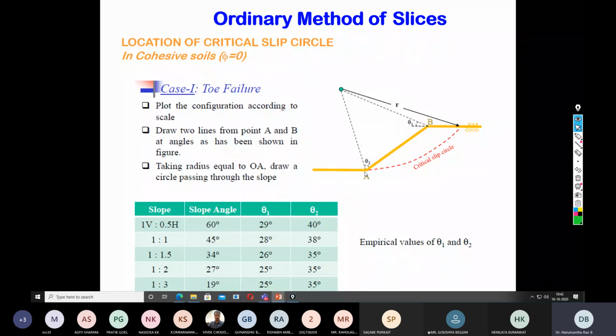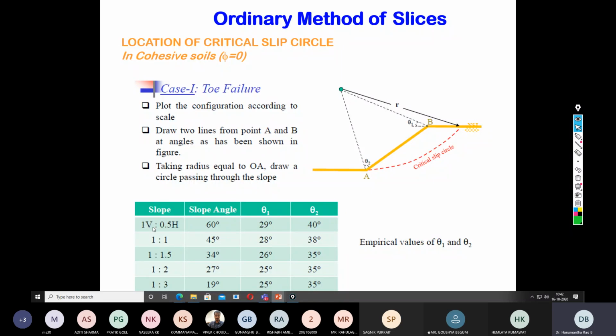However, the slope AB does not remain the same. We can go for 1:1, 1:1.5, 1:2, 1:2.5, 1:3, and so on. So how do I know the value of theta 1 and theta 2? For that purpose, people have given different values of theta 1 and theta 2 depending upon the slope you want to consider.